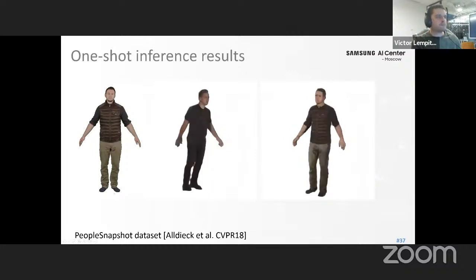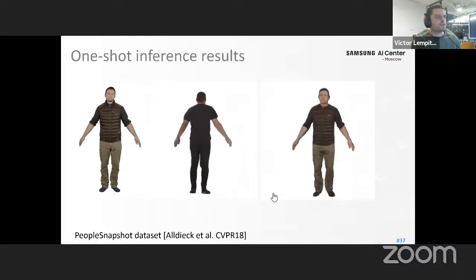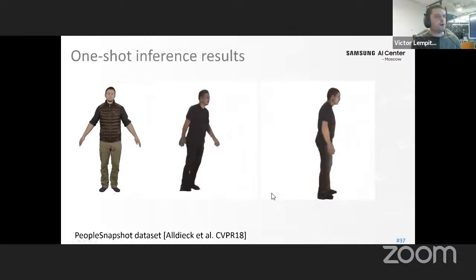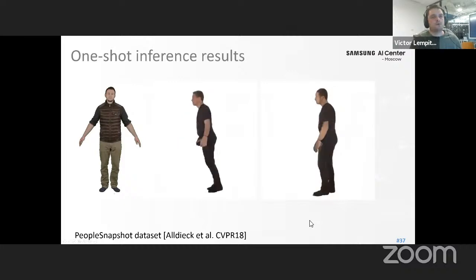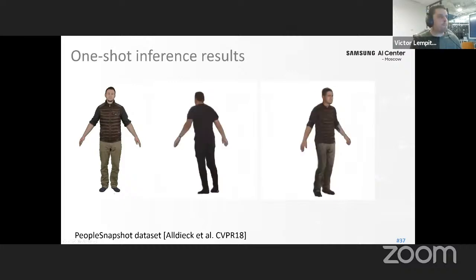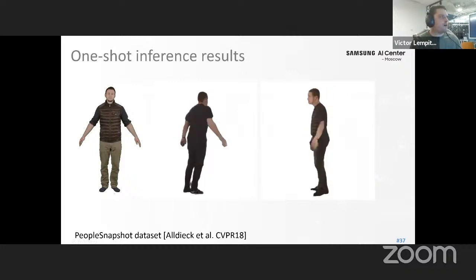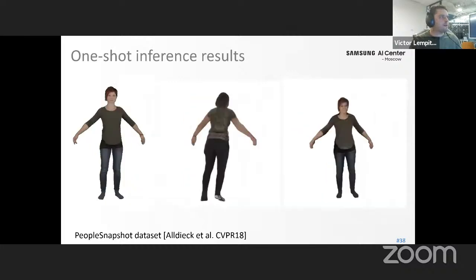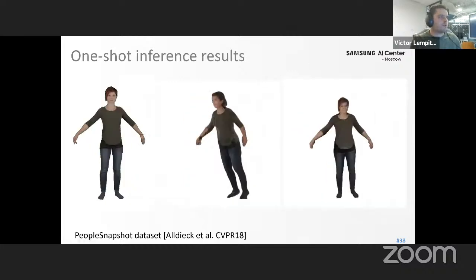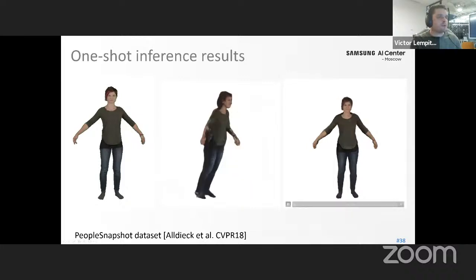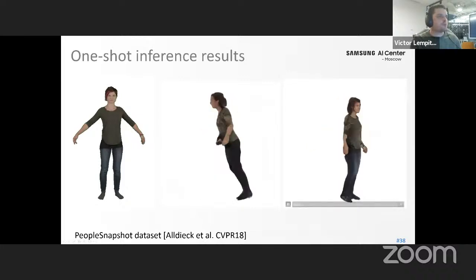And you see that we sort of get the details in the back in a plausible way. Okay. Here is another example, where our model works well.